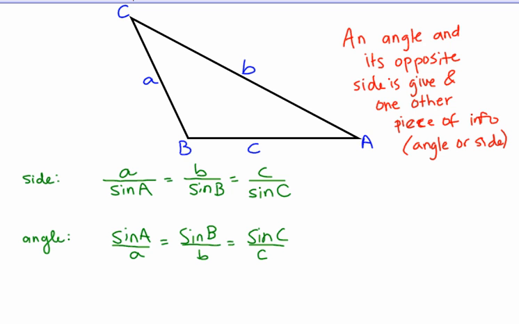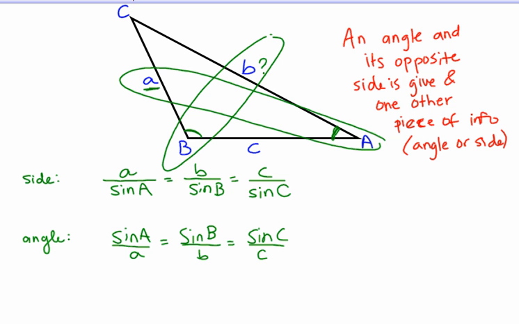And so what happens is it becomes an X situation. If I was, say, looking for side B, this is my unknown, and I knew angle A, and I knew side A, and I knew angle B, then we could use the sine ratio. It's always going to become an X situation.